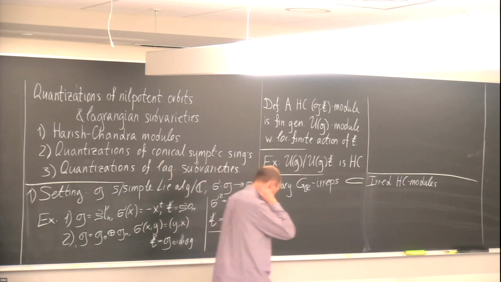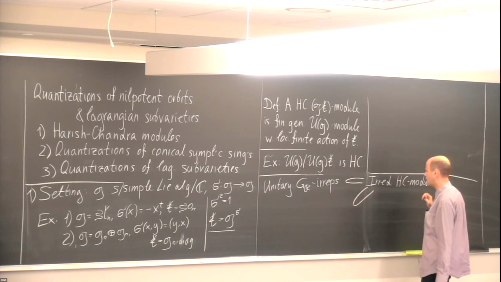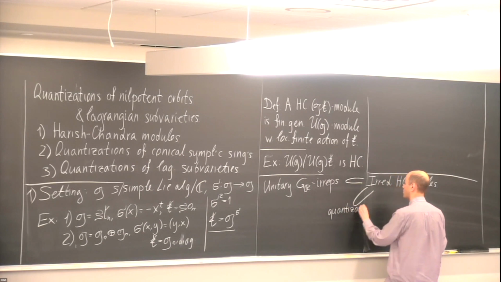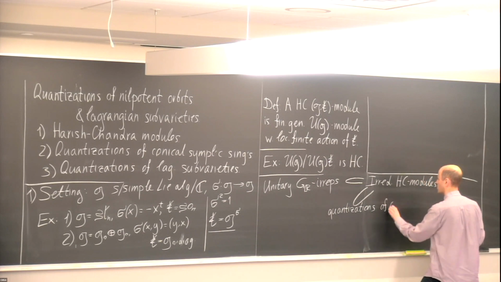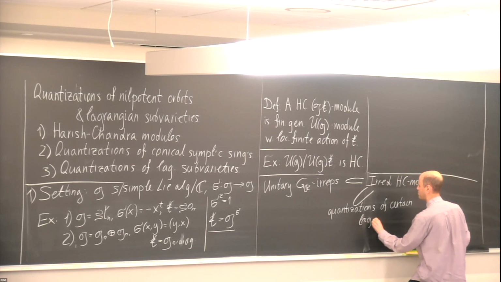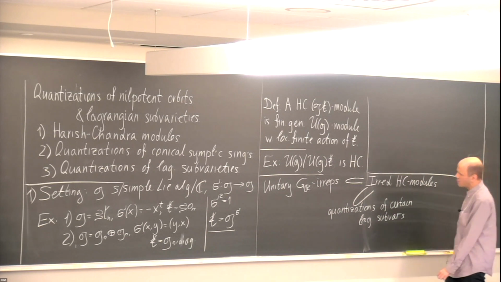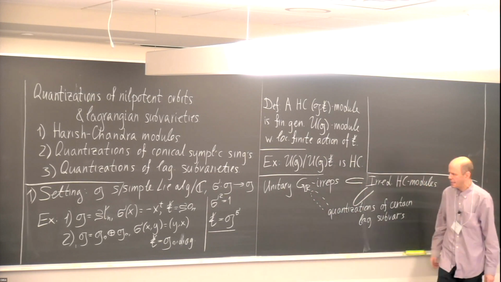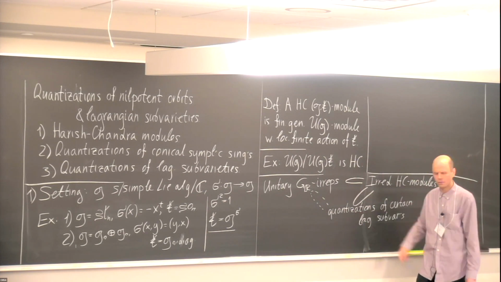Now, what I want to start in this talk is something else. Here I also see it as quantizations of certain Lagrangians. At some point, I will explain what this means. And there is an optimistic hope that the image of an irreducible unitary representation sits here for some groups.